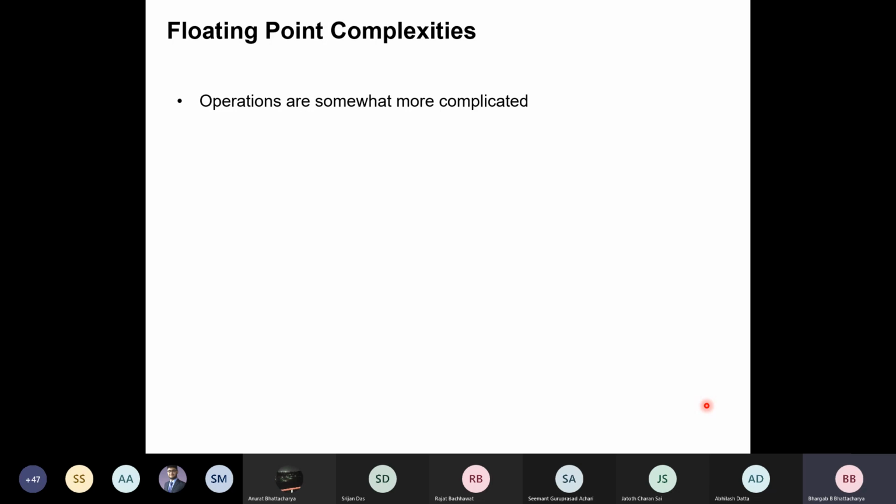So operations are not straightforward as in the integer domain. For integer addition and multiplication, you don't have to worry about those things, right? You keep on adding or multiplying straight away because there is a straightforward connection between the number and its corresponding magnitude. But here, this is a little bit involved, twisted.